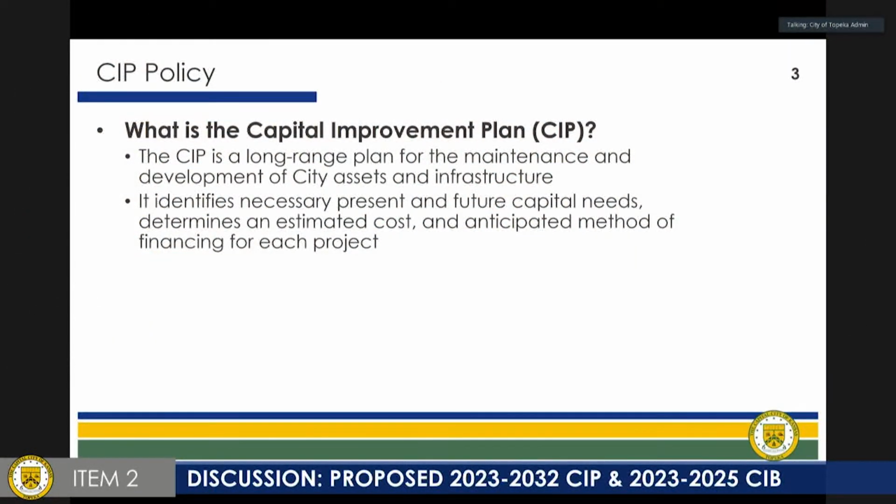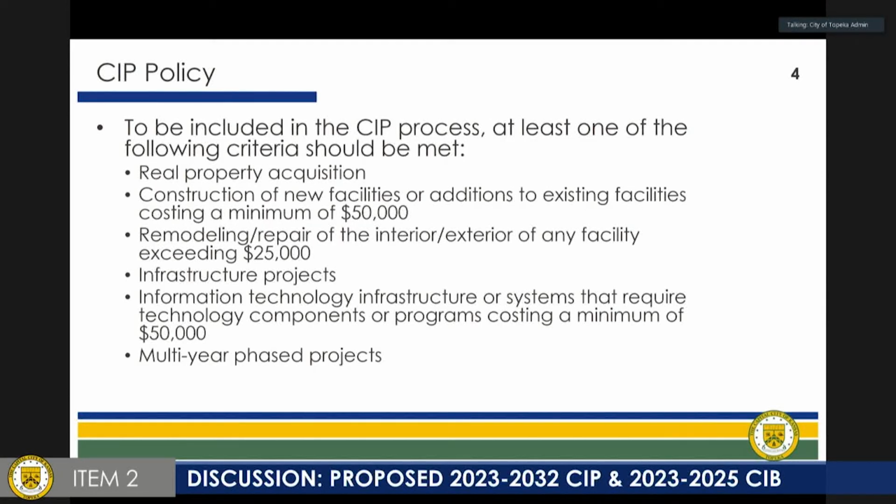CIP is a capital improvement plan. This is a long-range plan for maintenance and development of city assets and infrastructure. We look at it in a fashion to where one of the following criteria must be met, as is on your screen.